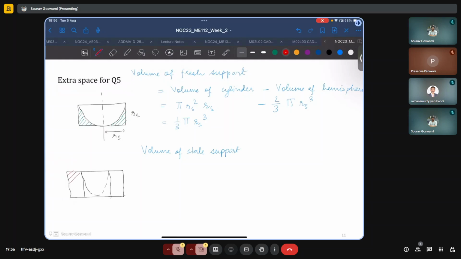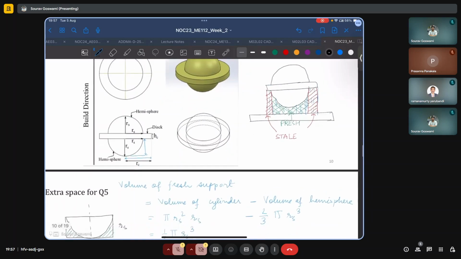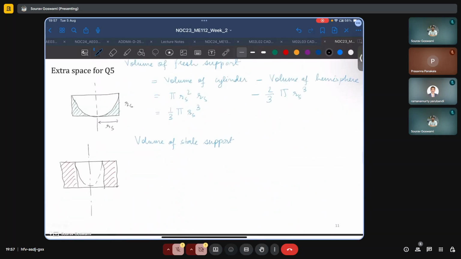Now we are trying to find out the region highlighted in red. This is RS and this here is RC. Now it's the difference in volume of the two cylinders.